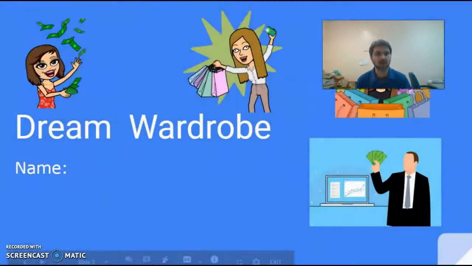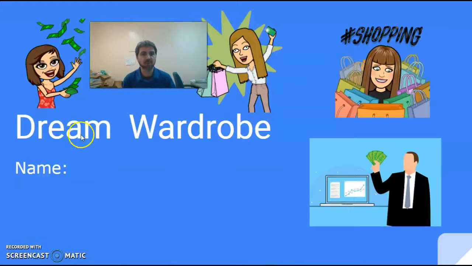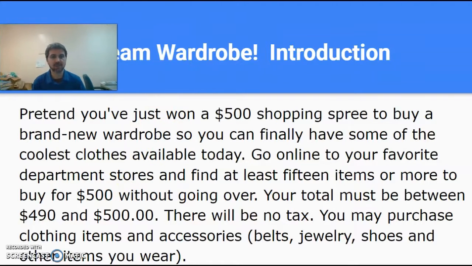that you'll be working with. It's called Dream Wardrobe, and you'll put your name right there, and this is the introduction. It says, pretend you've just won a $500 shopping spree to buy a brand new wardrobe so you can finally have some of the coolest clothes available today.